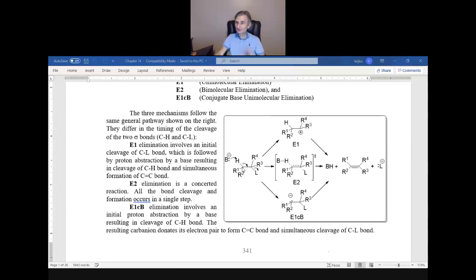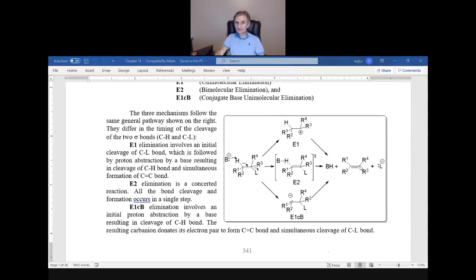In an E2 elimination, we have a concerted process, no intermediates, only a transition state. So all of the bonds are broken and formed at the same time, which means the base forms a bond to hydrogen, the hydrogen-carbon bond is broken, the carbon-carbon pi bond is formed, and the carbon-leaving group bond is broken. All that occurs at the same time, and in the transition state, all these bonds are partially formed or partially broken.